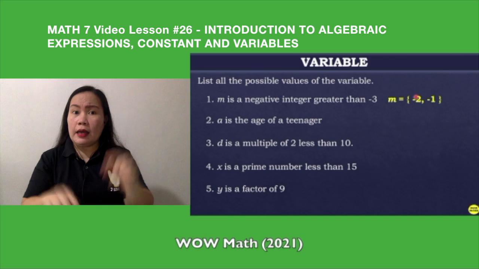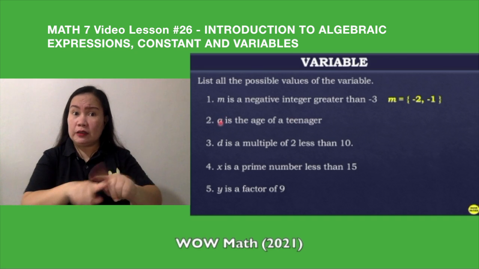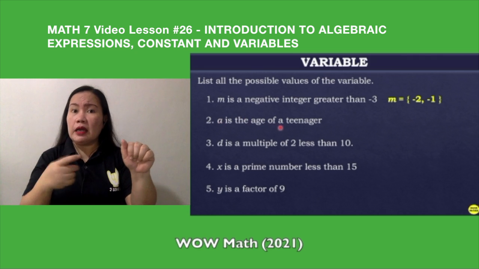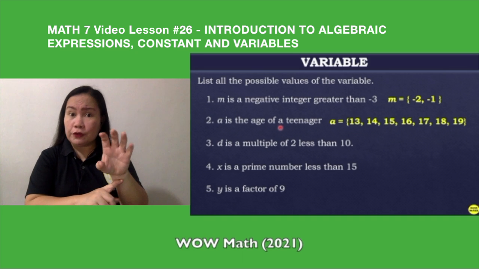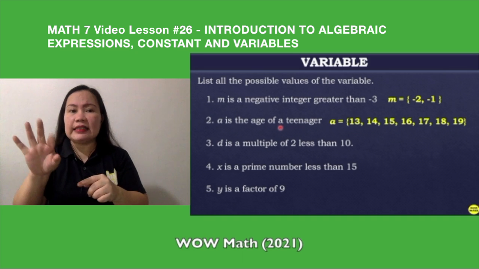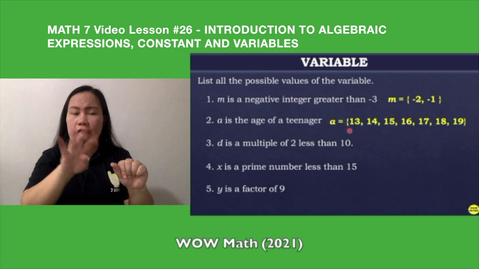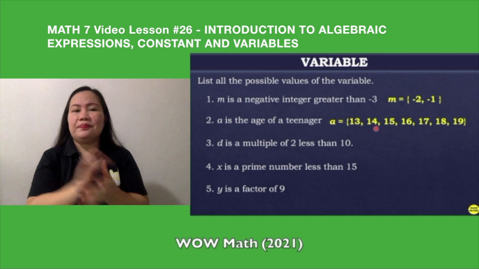Pag isa lang siya, ibig sabihin constant yun. Okay? So, A is the age of a teenager. So, ano-ano ba? Saan ba nagsisimula ang teen? 13 hanggang 19. Okay? So, ayan po siya. So, the variable A has the age of the teenagers, 13, 14, 15, 16, 17, 18, 19.